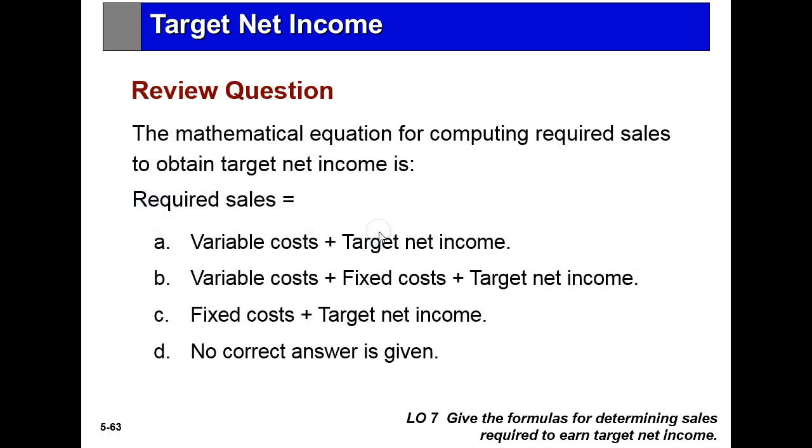The mathematical equation for computing required sales to obtain target net income is: required sales equals variable cost plus target net income, variable cost plus fixed cost plus target net income, fixed cost plus target net income.